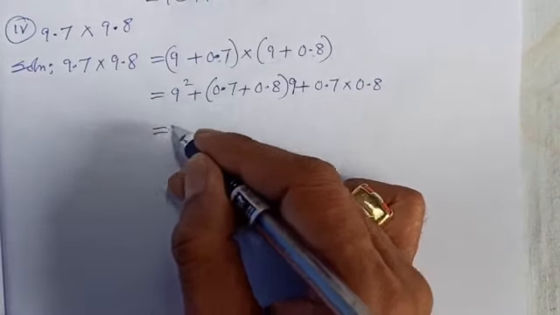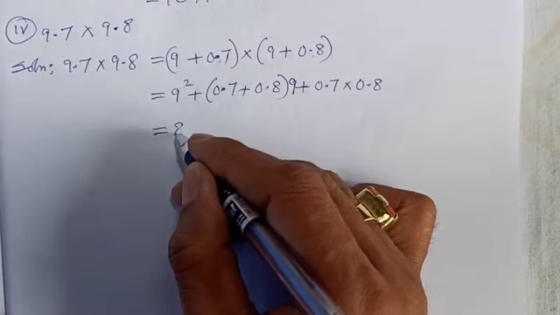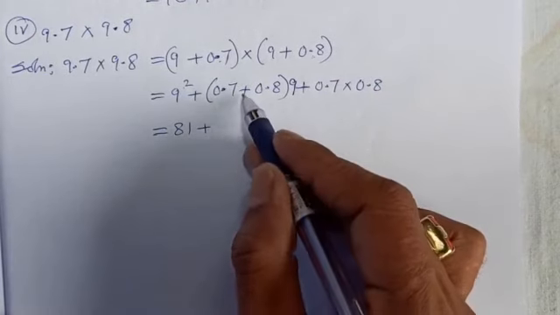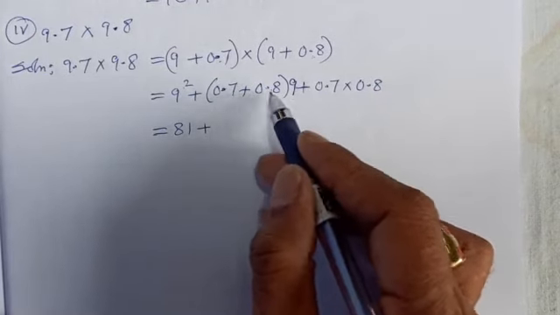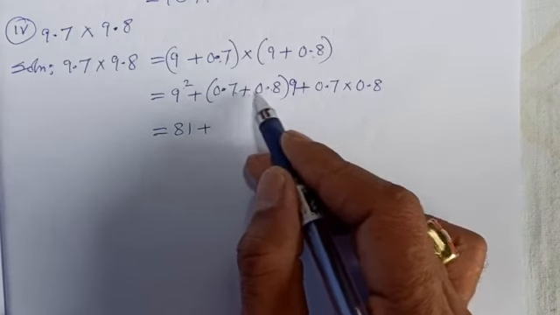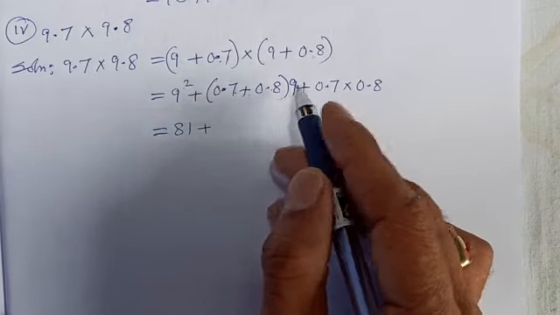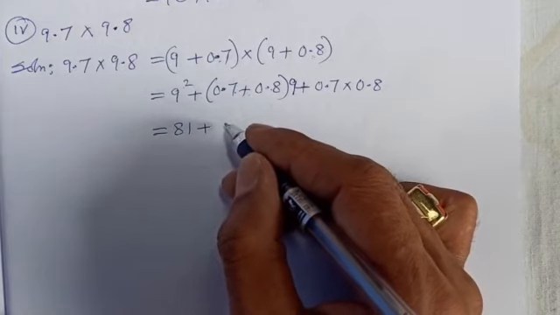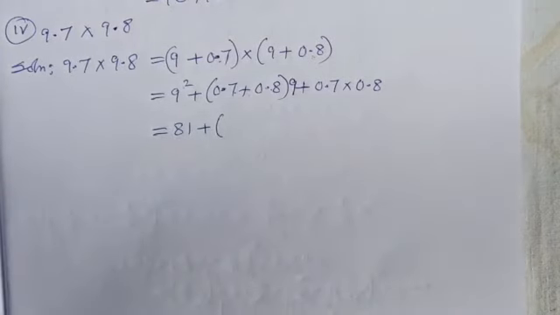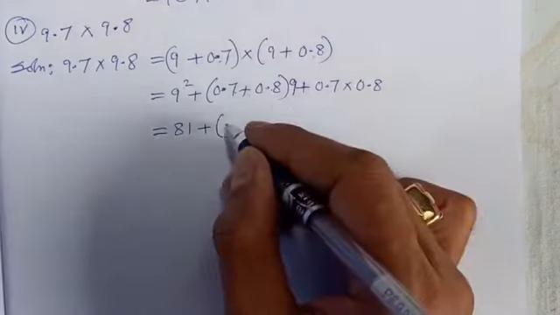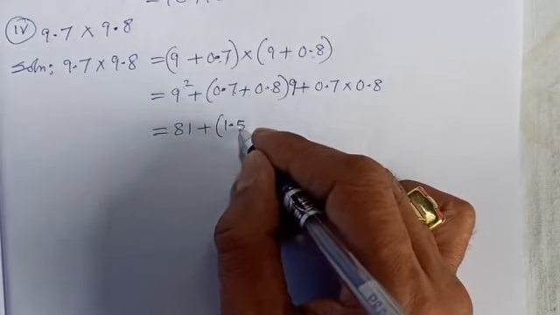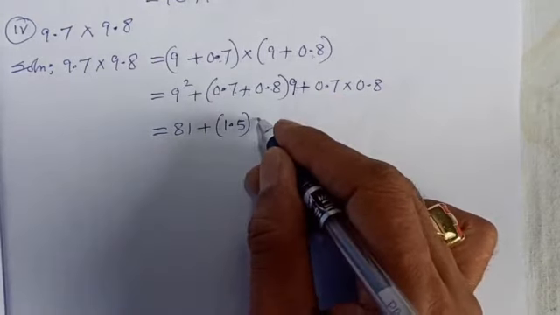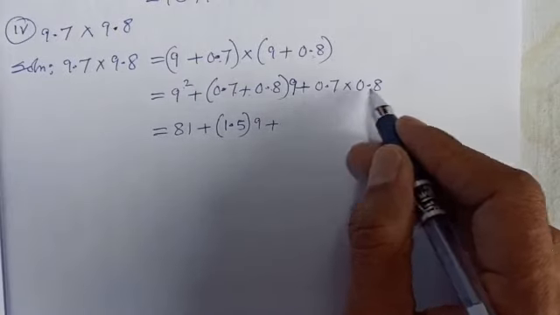9 squared is 9 times 9, that is 81. Plus, now this is plus sign. If we add together this 7 plus 8 is 15. So 1.5, then this number 9 plus 7 8 times is 56.